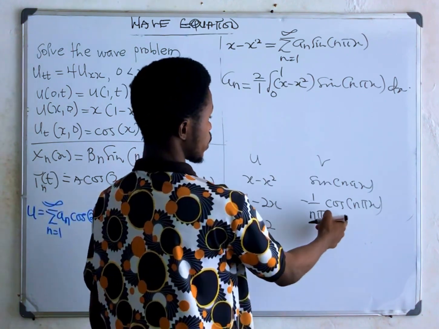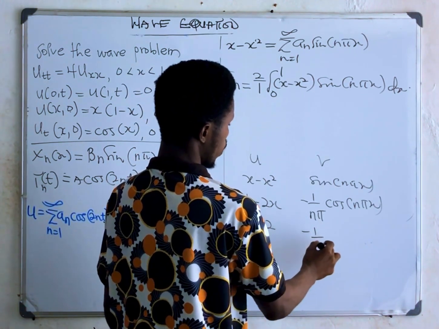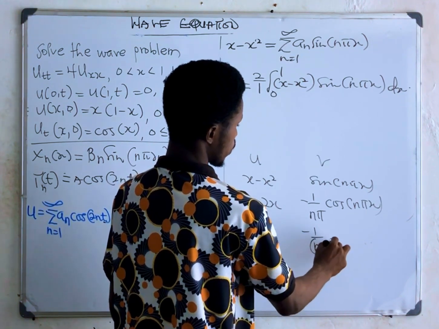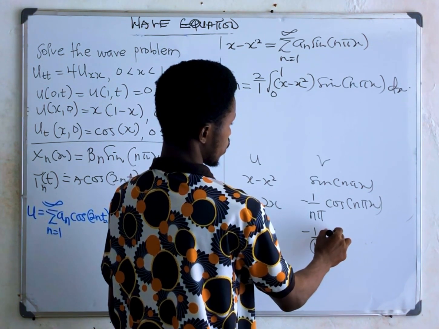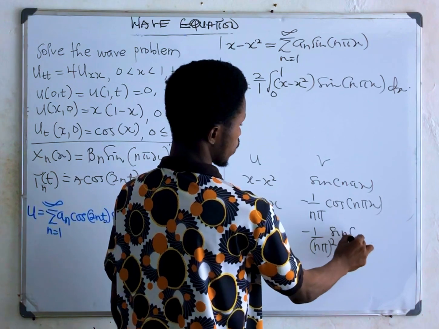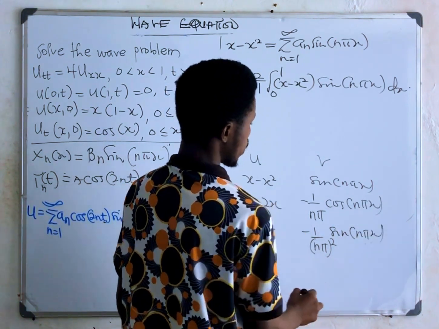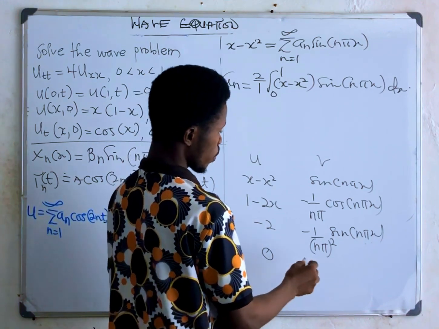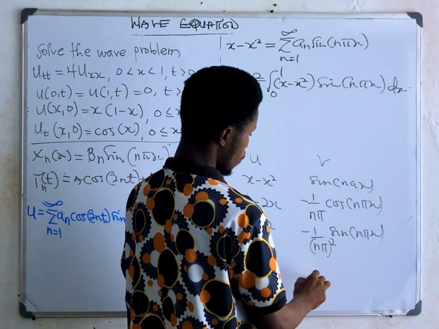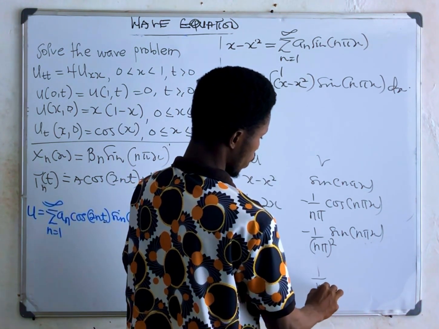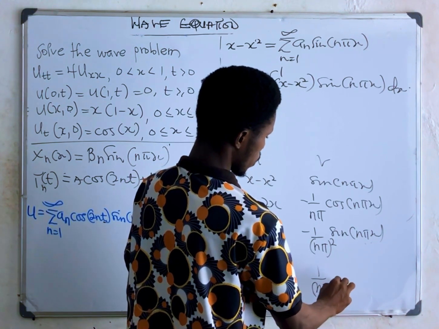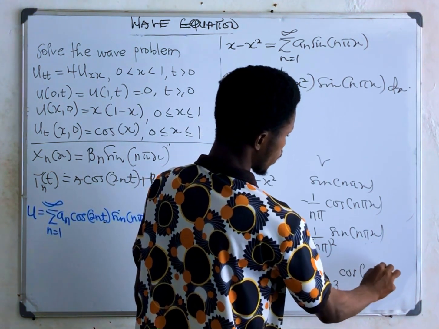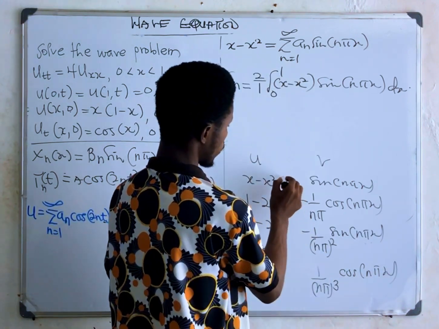Then if you integrate this again, you have negative 1 over n pi squared sine n pi x. Here I differentiate 1, 2, 3. So this gives you positive 1 over n pi cubed cos n pi x. So you're going to have this.